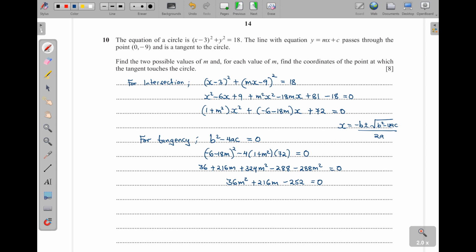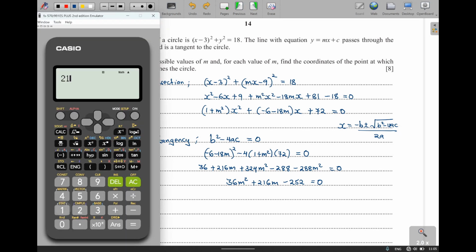Now, can 36 go into 216 and 252? Let's check, that is if we are to simplify the equation. 216 divided by 36, yes, it goes through. How about 252? 252 divided by 36, it also goes through, that is a 7.